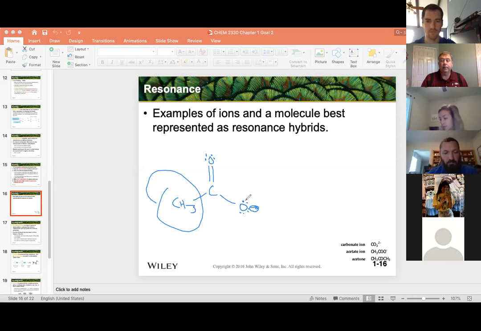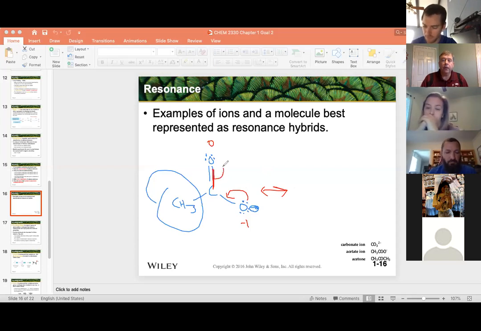So what's going to happen in these systems, I'm going to change the color of my arrow. These electrons are going to move in to form the bond between here, okay? So we have a formal charge of -1 on this oxygen at this time. We have a formal charge of 0 on this oxygen at this time, okay? So this is going to be a double-ended arrow because either one of these structures is fully appropriate, okay? And then what will happen is when I move these here, if I didn't move the electrons from this bond here, we would have 5 bonds to carbon, and it doesn't want 5 bonds.